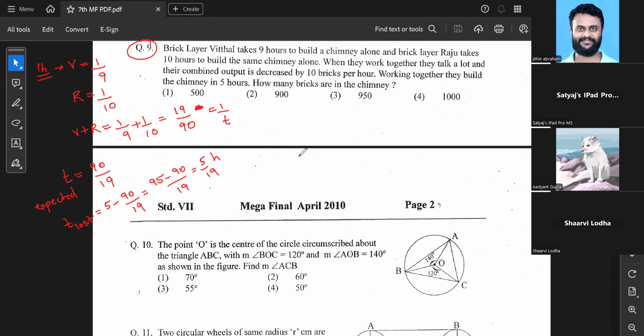Now, the output is decreased by 10 bricks per hour. So the output decreased, so let me check. Output decreased is per hour. So this much is the time lost I found, but 10 bricks per hour, so total number of bricks reduced.